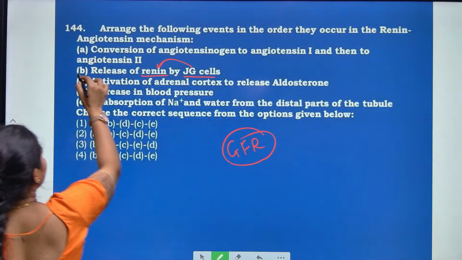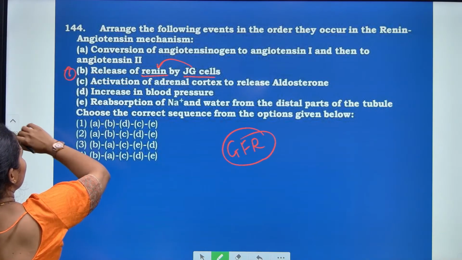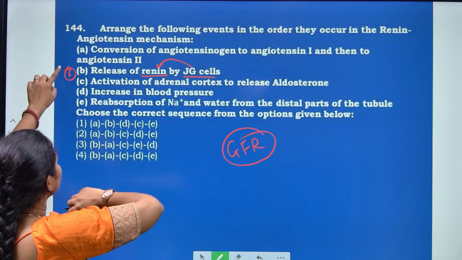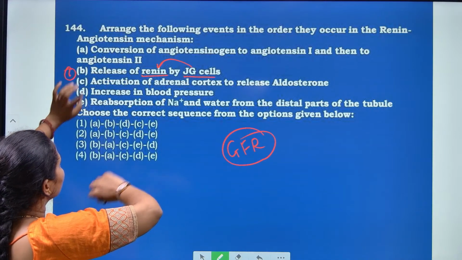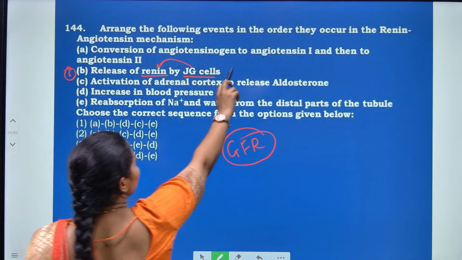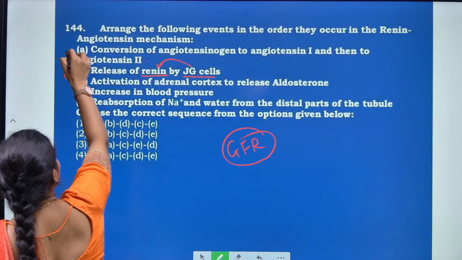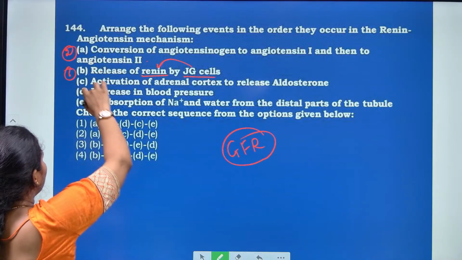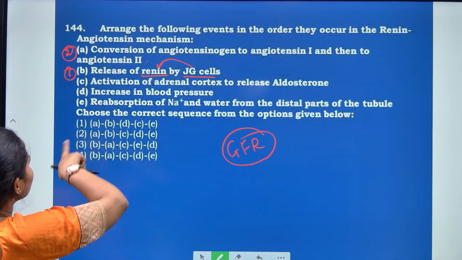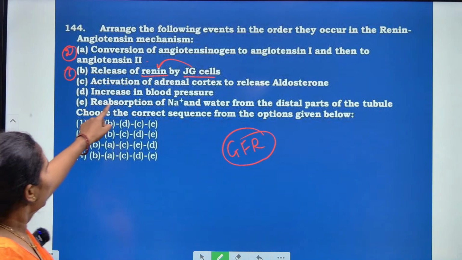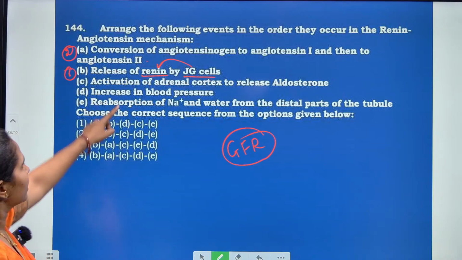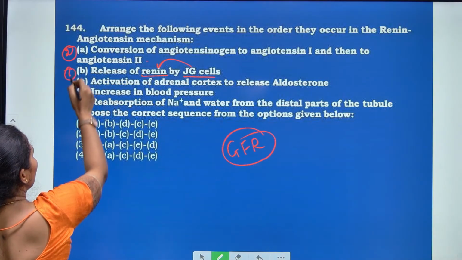So this renin will convert. This is the first one, and the second one is the conversion of angiotensinogen to angiotensin 1 and then to angiotensin 2. So this will be the second option. So B, A. Then next comes the activation of the adrenal cortex to release what?